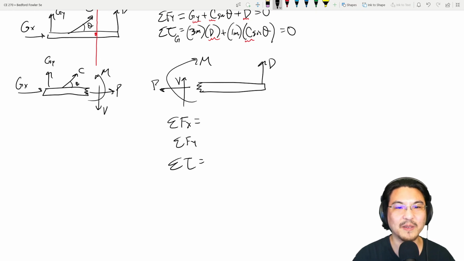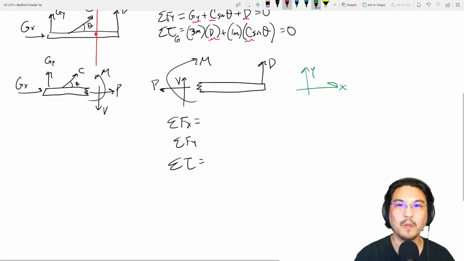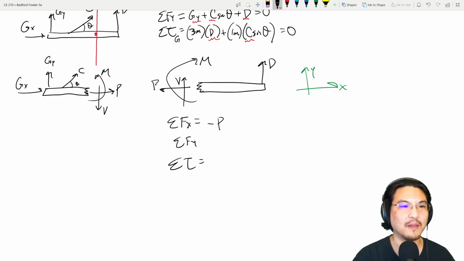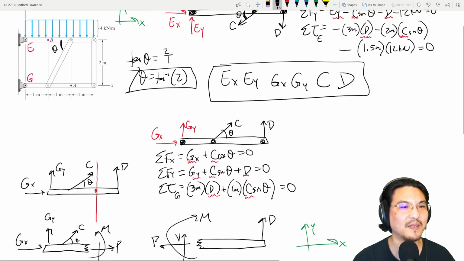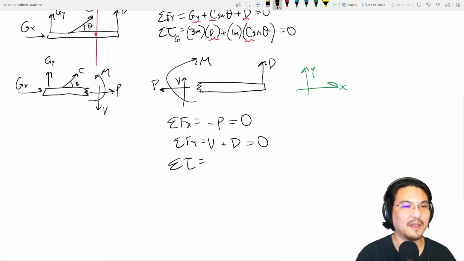Okay, so x direction. Again, my coordinates were this way. So x direction minus P. Is that it? Yep. Okay, y direction, V, D, 0. Sum torque about wherever we want. How about the left side? How far is this again? Okay, so here to here is 2 meters.